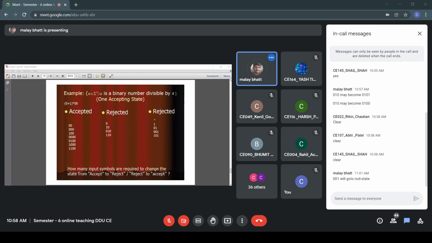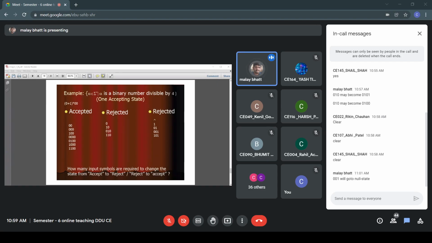That is obvious, because still we require two zeros for acceptance. So the outgoing arrow from the accept state on input 1 will go to the null state, while the outgoing arrow on input 0 will be a self loop.